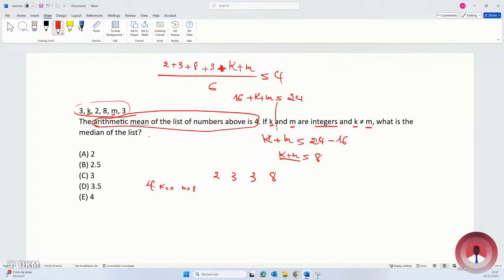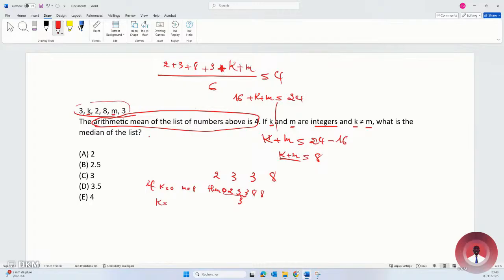So if m is equal to 8, then we will have this list: 2, 3, 3, 8, 8, and 0 here for k. And as you can see, the median is going to be between 3 and 3 here. And it's going to be 3 because 3 plus 3 divided by 2 is 6 divided by 2, which is 3.